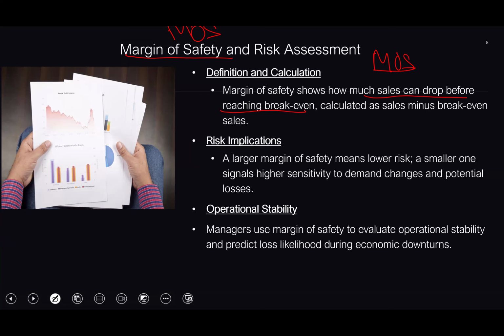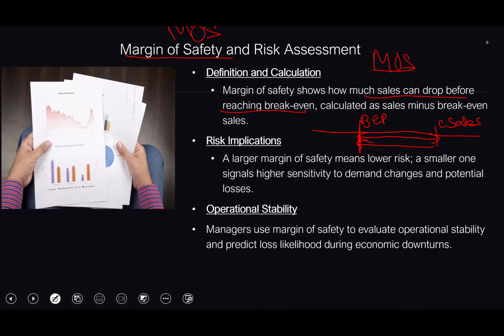So the definition of margin of safety is, suppose on a continuum, these are my current sales. Suppose my break-even point is here. So this is my margin of safety, meaning if my sales start dropping and they reach this point, then I am in danger of starting to make a loss.